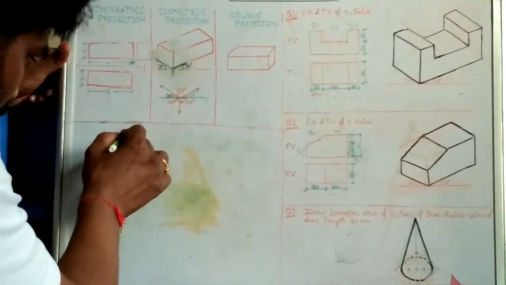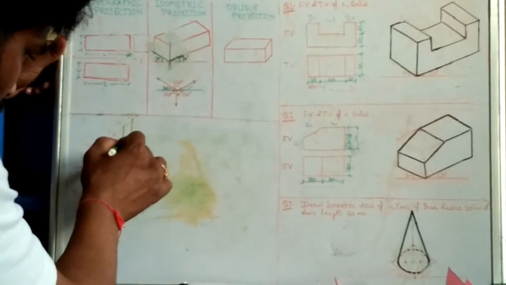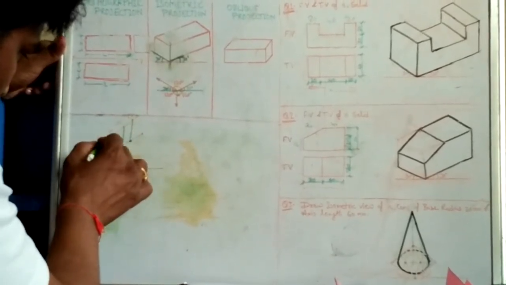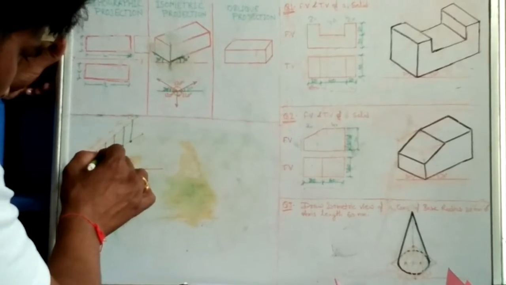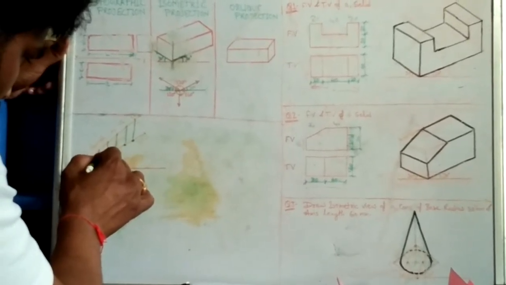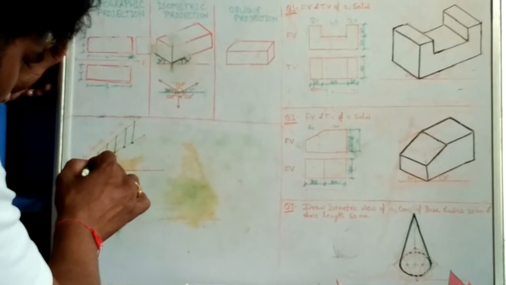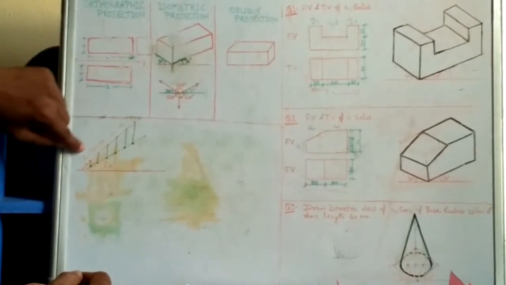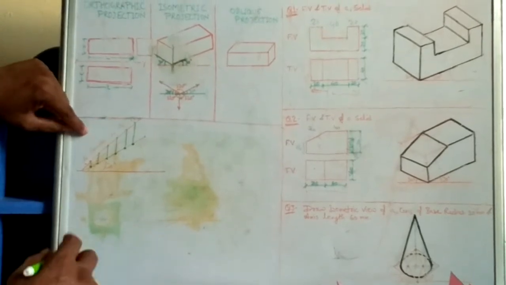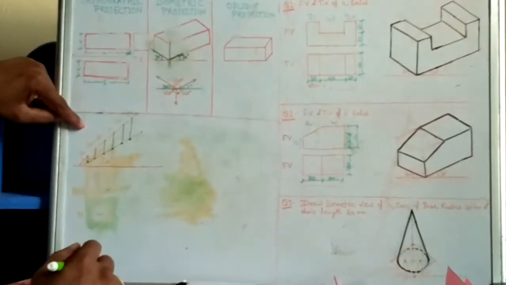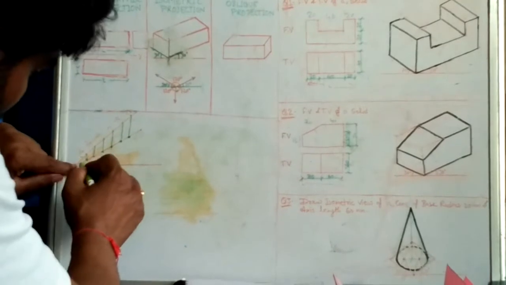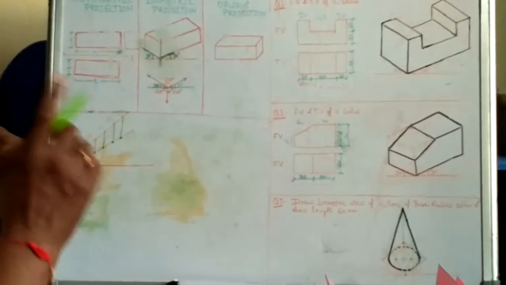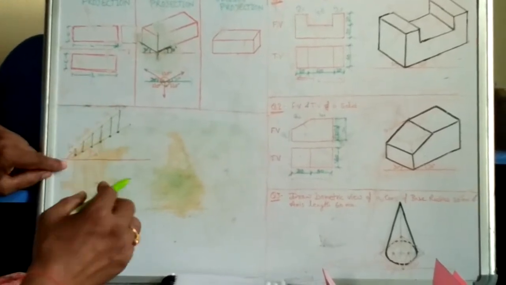This is the point, this is the point, and so on. So we can say this scale, the upper scale, is used to draw isometric view, and the line at 30 degree is the scale used to draw isometric projection.